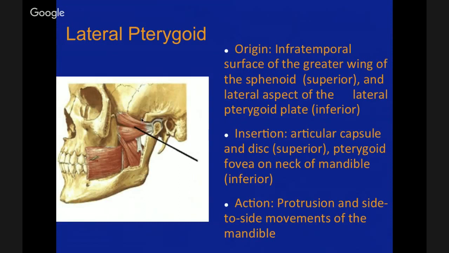The lateral pterygoid originates on the greater wing of the sphenoid and the lateral aspect of the pterygoid plate, and then inserts onto the joint itself, onto the articular capsule of the temporomandibular joint and the pterygoid fovea on the neck of the mandible, and it provides protrusion and side-to-side movement of the mandible.